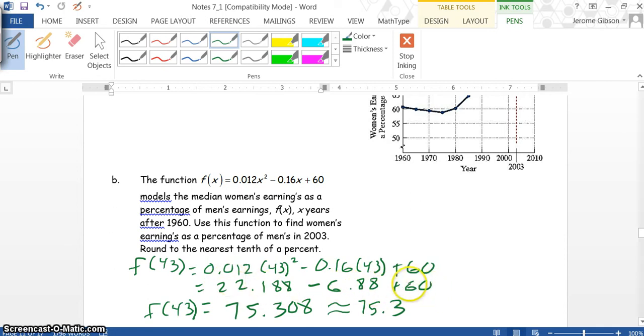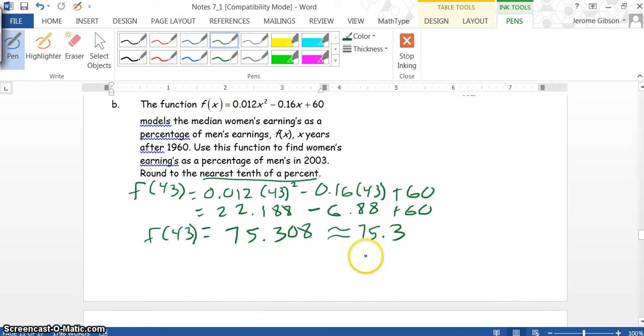And after we combine these values, we will end up with 75.308, and it asks us to round to the nearest tenth of a percent, so we'll round to the tenths place, so it'll be 75.3, which is very close to the 76% or 75% that we got for A.